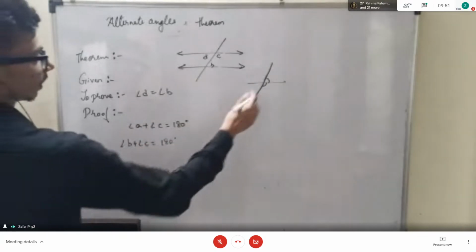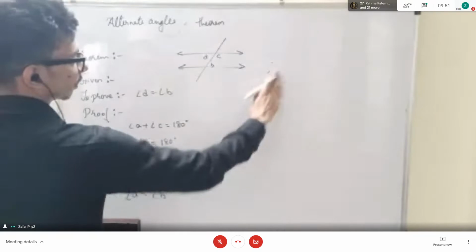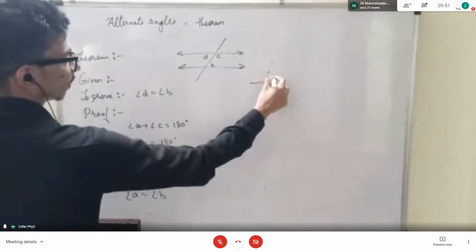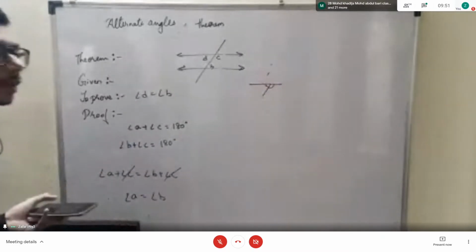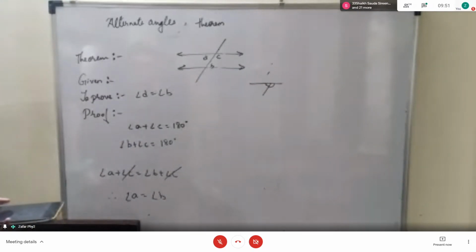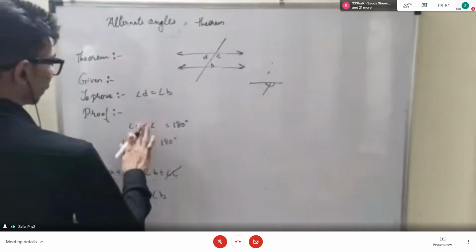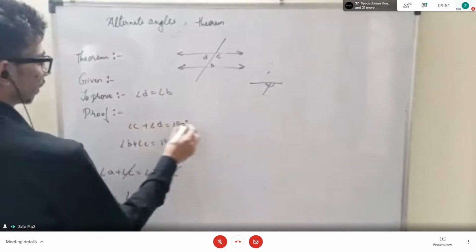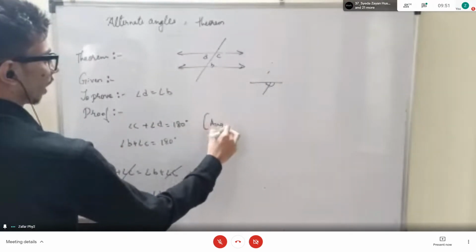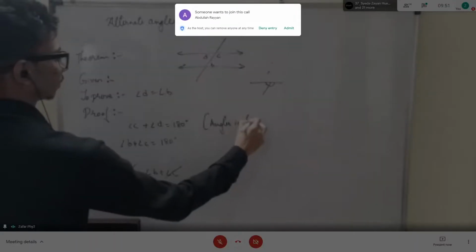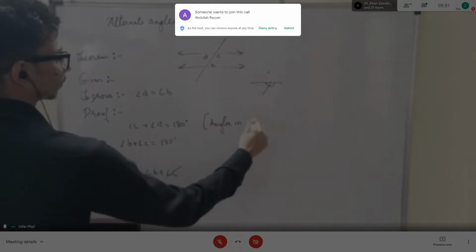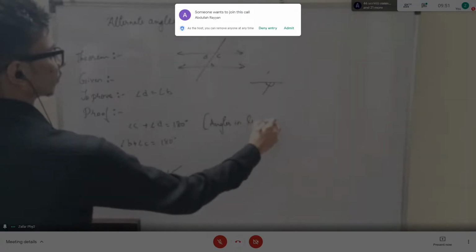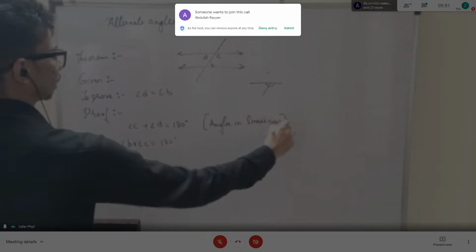Same thing. Can you see this line, and angle C is here, angle D is here, right? So angle C plus angle D will be 180, angles in linear pair. Angles in linear pair, right?